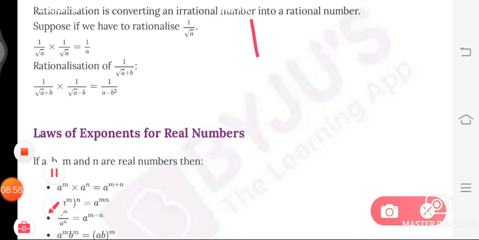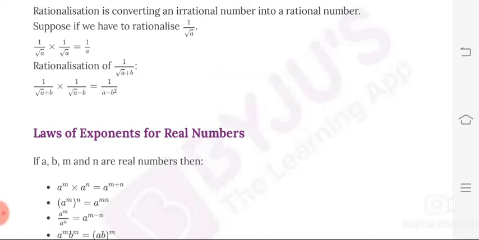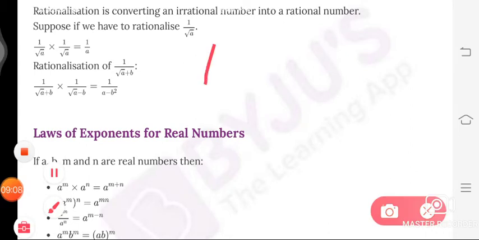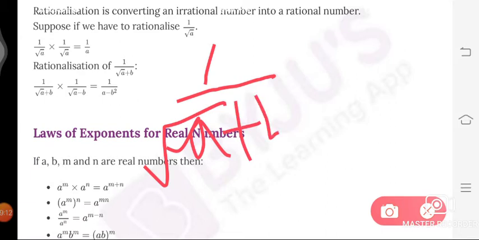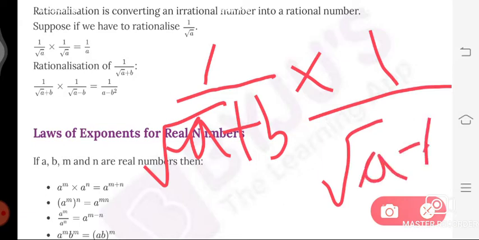Second example is 1 by under root a plus b. So we have to find its conjugate. Its conjugate is 1 by under root a minus b, because when we find the conjugate, the sign of the second digit, that is b, will be changed.